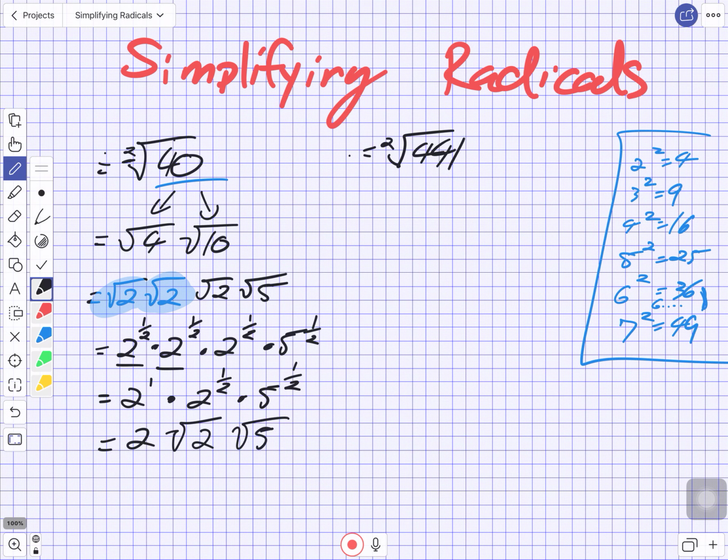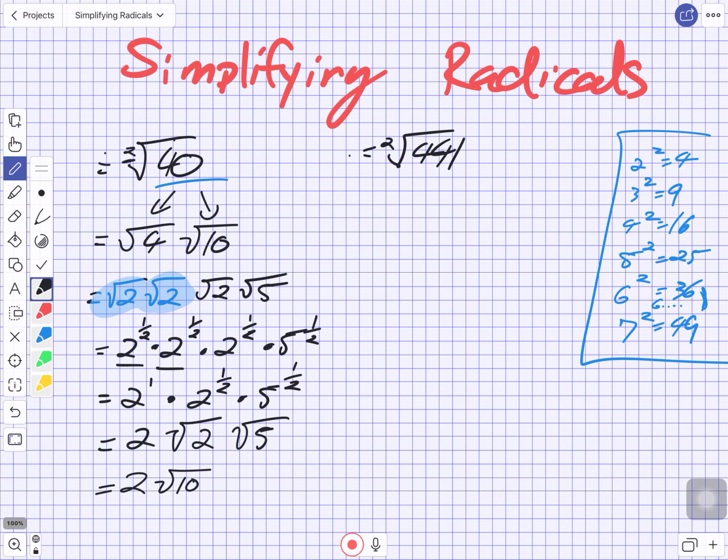I can't break these down any farther, so I'm going to put them back together. What is 2 times 5? 10. So it just becomes 2 root 10. So root 40 is actually just 2 root 10.